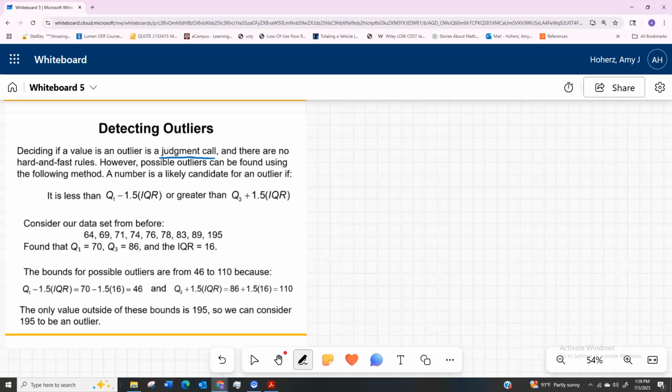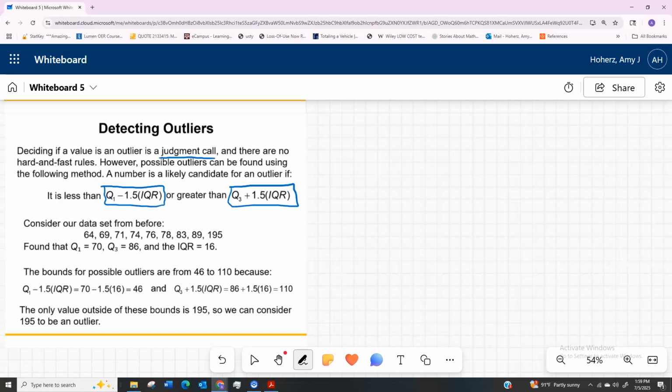But one of the more common ones is to check for a lower outlier by taking Q1 minus 1.5 times the interquartile range, and to look for an upper outlier by doing Q3 plus 1.5 times the interquartile range. And that's what our book uses. So that's what you can use on your homework.